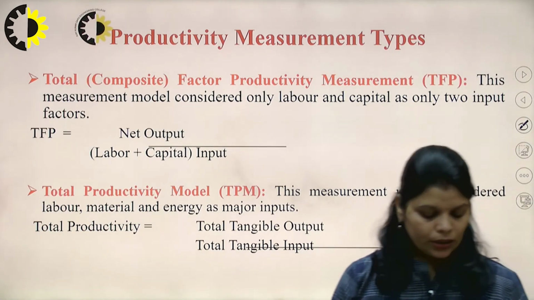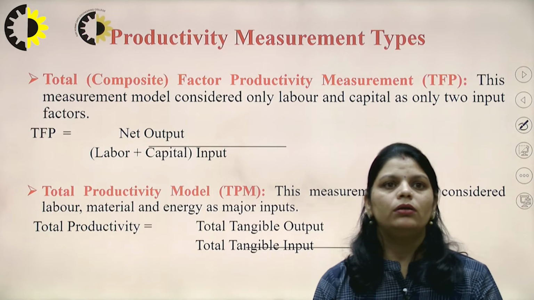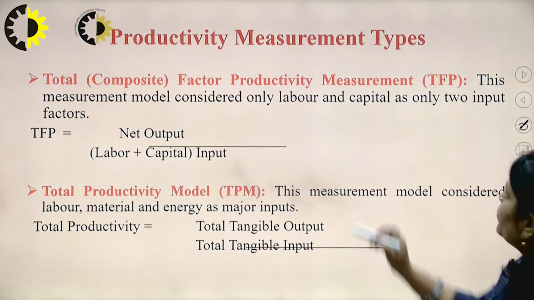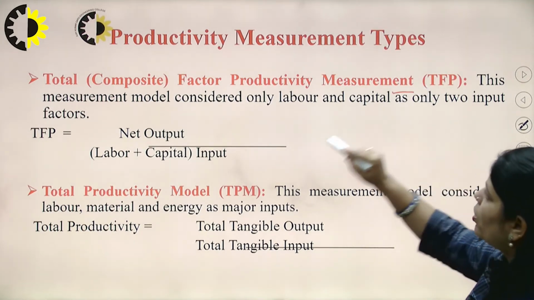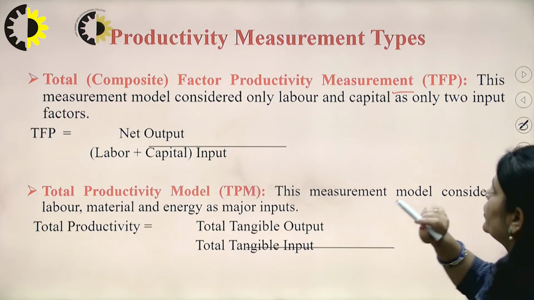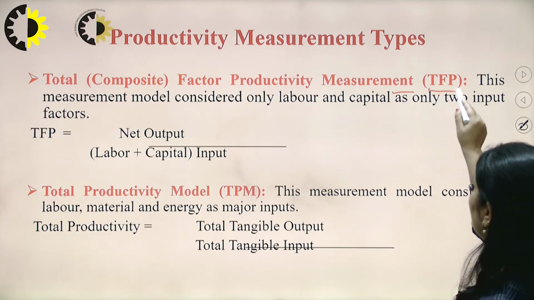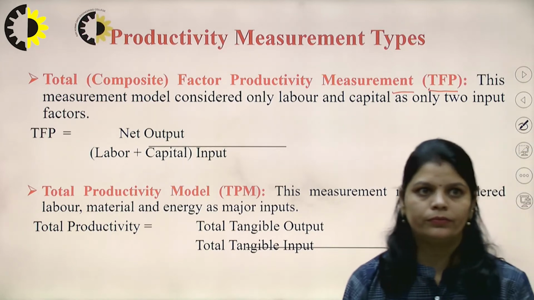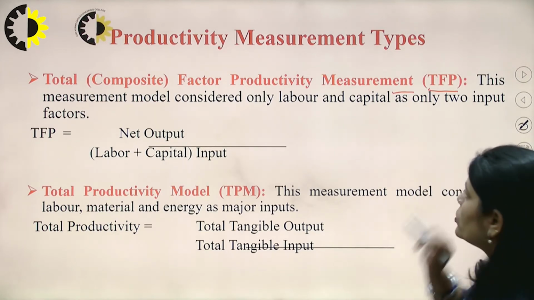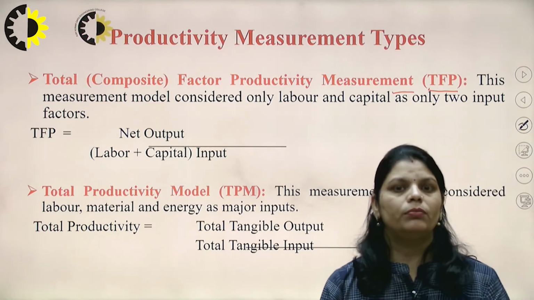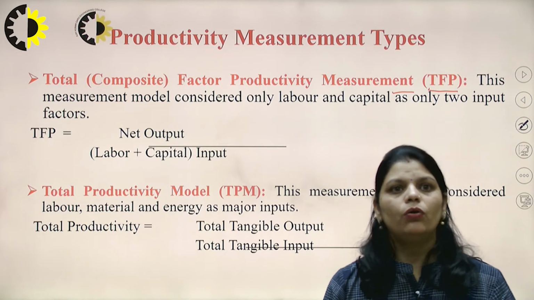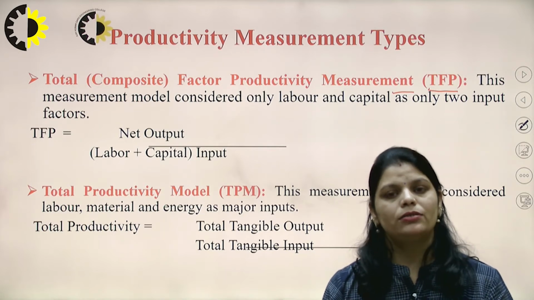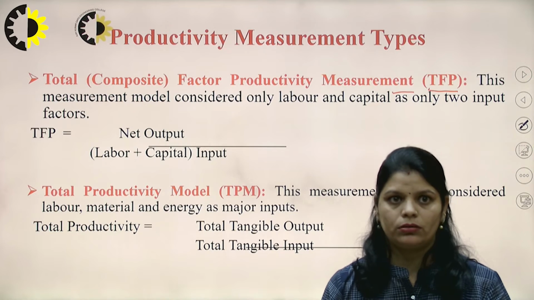Then we come to the total factor productivity measurement, or composite factor productivity measurement, or TFP. This particular measurement model has taken only labor and capital as the two input factors.